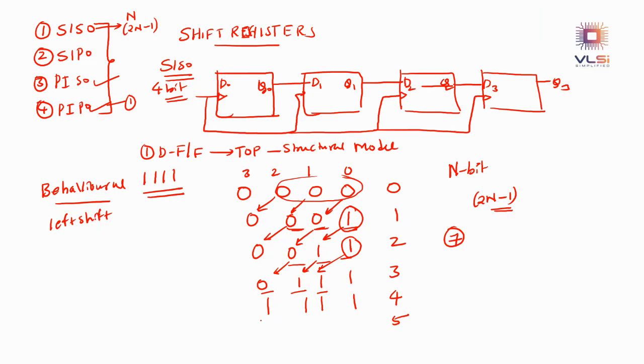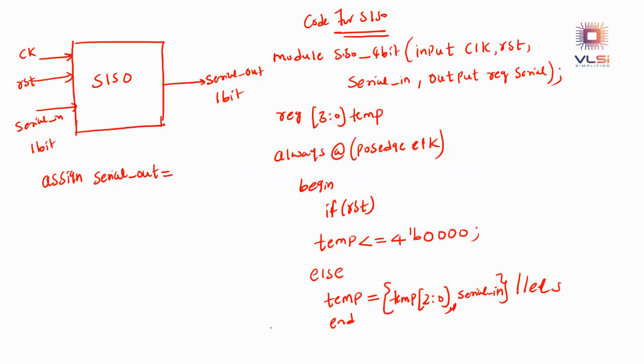So that means this will be shifted, and here you are getting 1 1 1. The vacant position is loaded with 0. So at temp 0 you are getting the serial out. So you can write serial out equal to temp[0]. Okay. And end module.